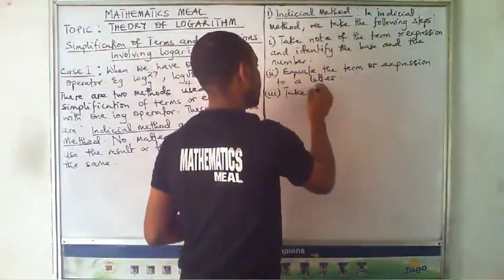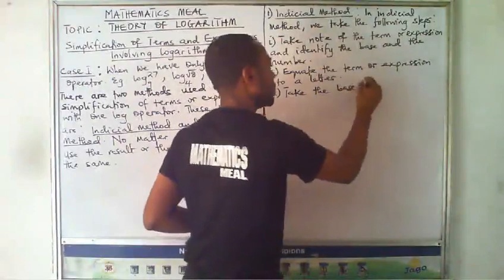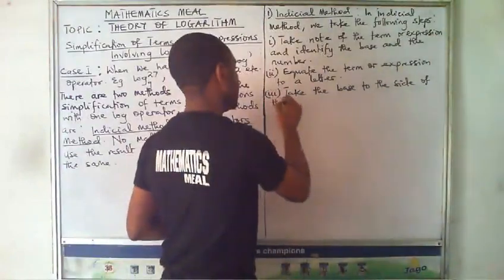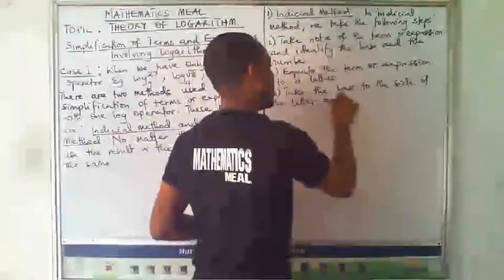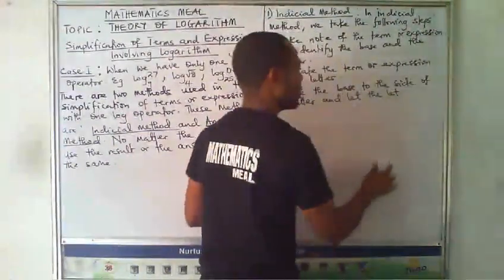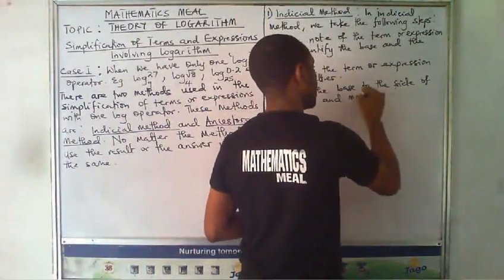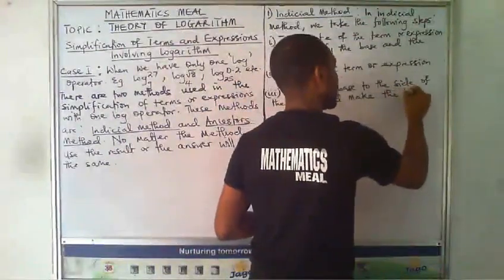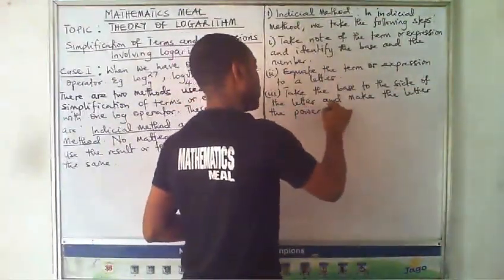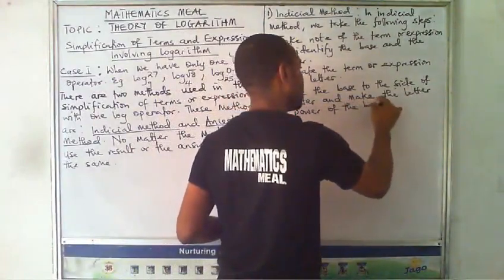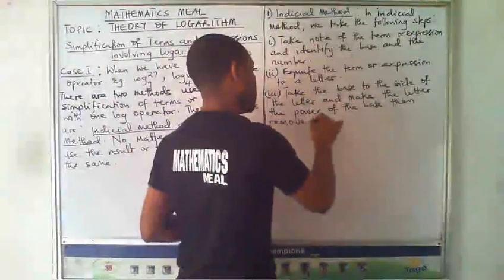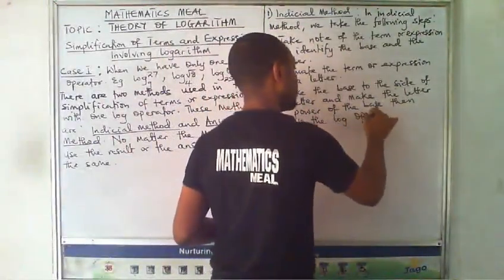The third step: take the base to the side of the letter and let the letter off and make the letter the power of the base, then remove the log operator.